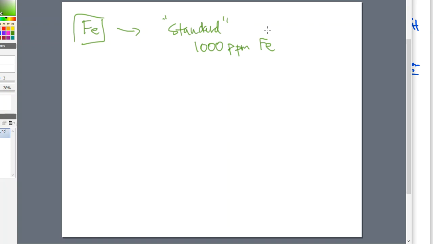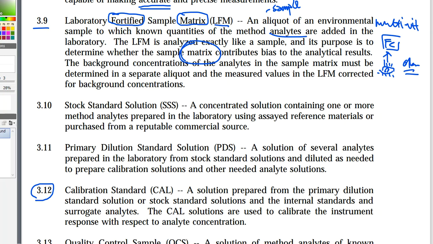All right, so I take this into a laboratory and I have it on the lab shelf. Now, if I didn't want to order it, the method does say I could make it. But in order to make it, you have to have assayed materials. I mean, that's what it said. So if I go back to this method, and I take a look at this word, assayed reference materials, that just means the percent purity has been documented and reported.